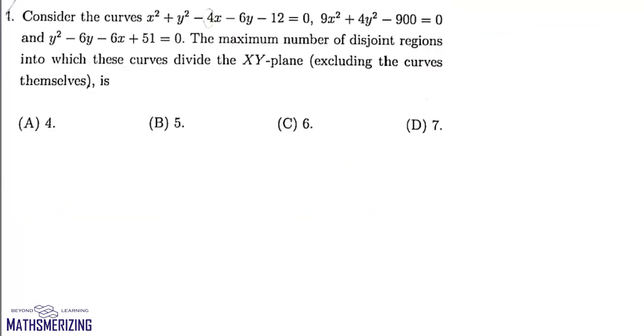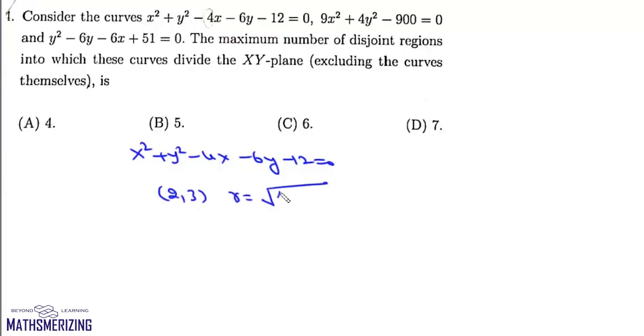Now question number 4 is: consider the curves x square plus y square minus 4x minus 6y minus 12 equals 0. This is a circle with center at (2, 3) and radius equals under root of 4 plus 9 plus 12, which is 5.